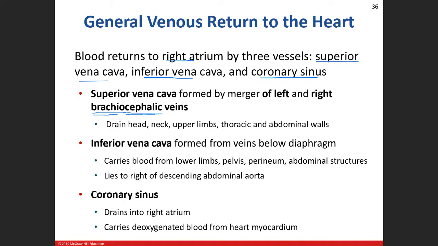So these veins essentially are going to be draining the head, the neck, both your left and right upper extremities, and then parts of the thoracic and also the abdominal walls. So that's a lot of blood that's getting dumped into the superior vena cava.